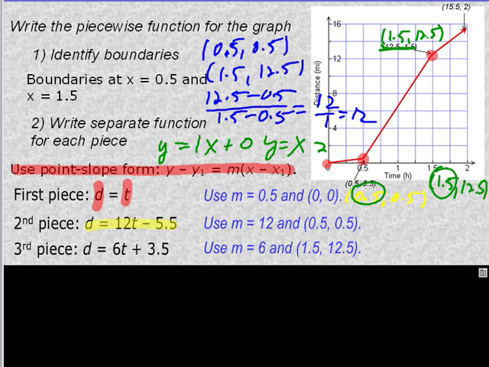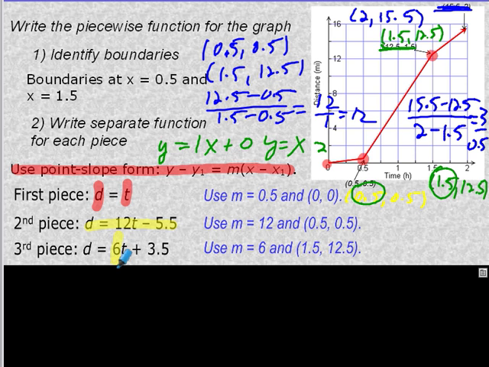And then our last piece, again, here's the point, and again I think these are backwards, so I better fix this in the real one. It's going to be 2 and 15.5. So find our slope using these 2 points. It's going to be 15.5 minus 12.5 over 2 minus 1.5 equals 3 over 0.5, which is going to give you a slope of 6.